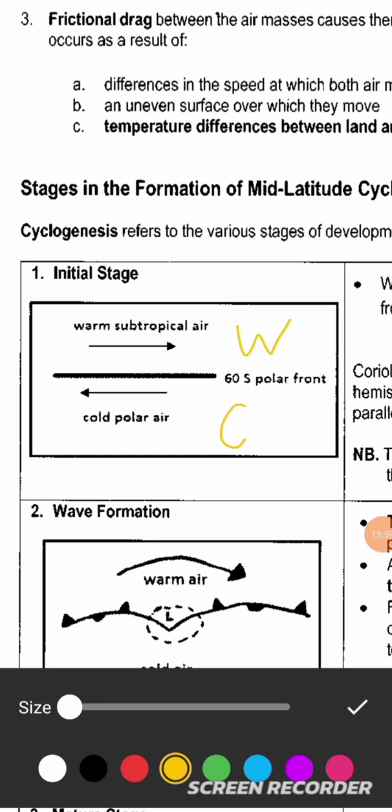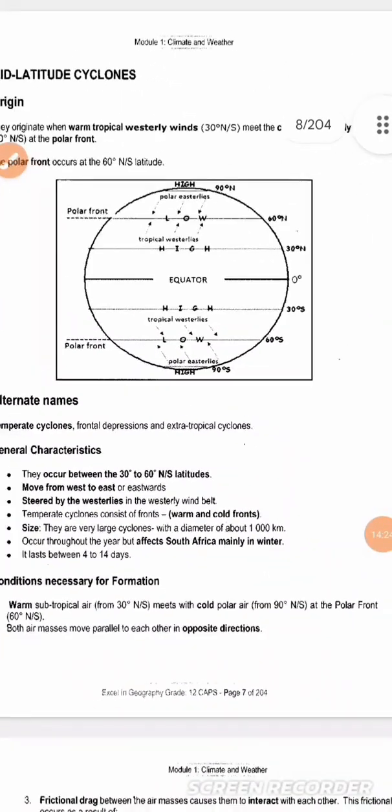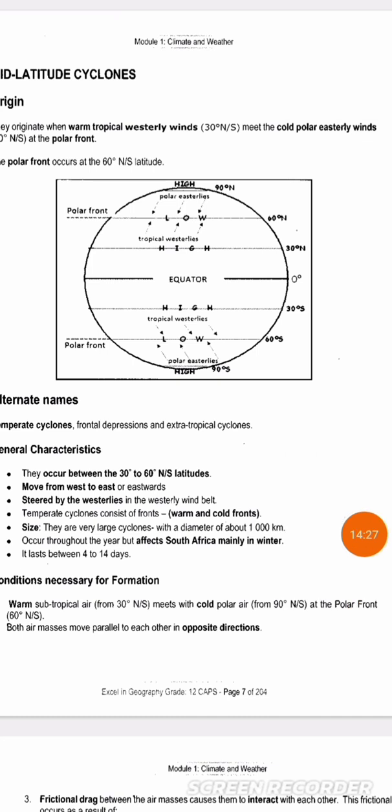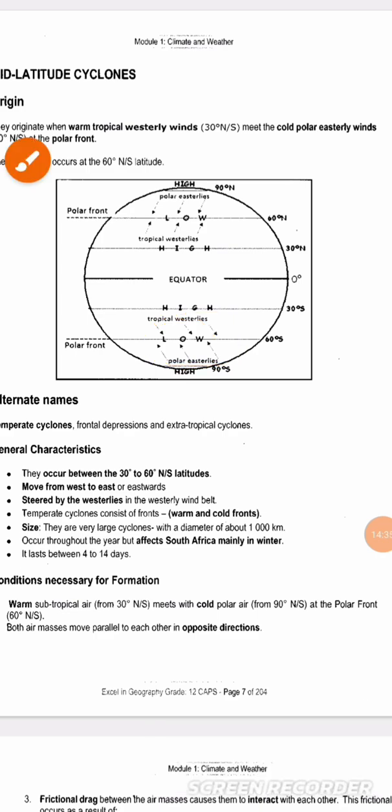So they gave A and B. You must know as a geographer that warm air will always rise, will always be on top of cold air. So this is the warm air, then this is the cold air, which move parallel at the polar front. All those things are happening here. So let's move on.